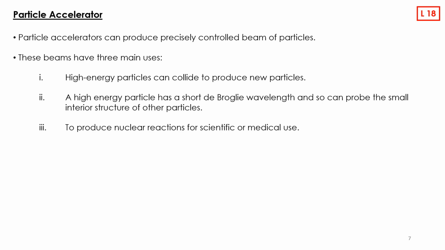Secondly, a high energy particle has a short de Broglie wavelength, and so it can probe the small interior structure of other particles, because E is equal to hc over lambda. In order to see the inside of a tiny particle, we have to have a particle with such high energy, because they are inversely proportional. And lastly, these beams can produce nuclear reactions for scientific or medical uses.